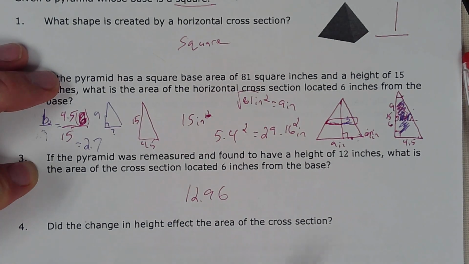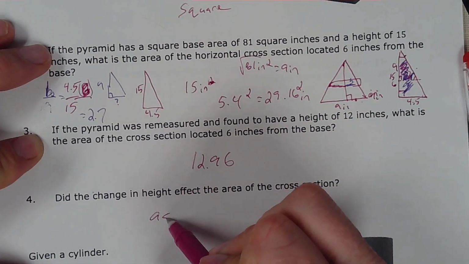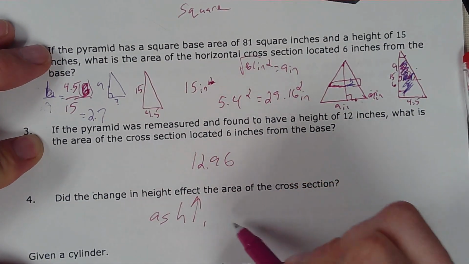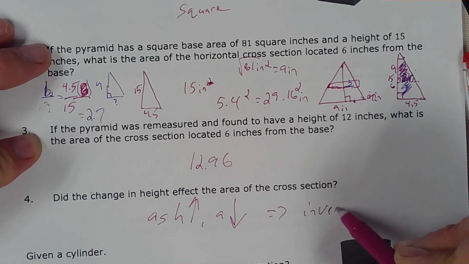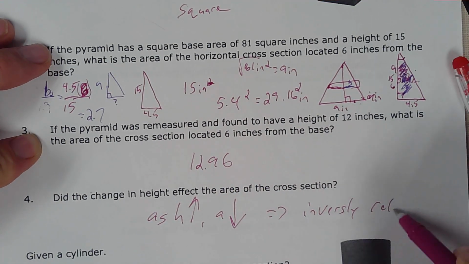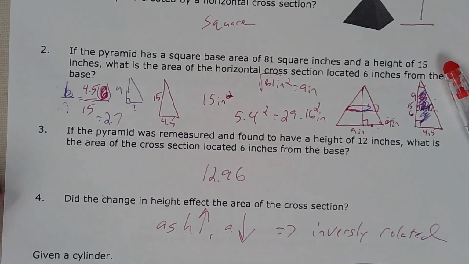And of course, as the height goes up, the area of the cross section goes down, therefore they are inversely related. Okay, so that's some of the stuff you're going to see here.